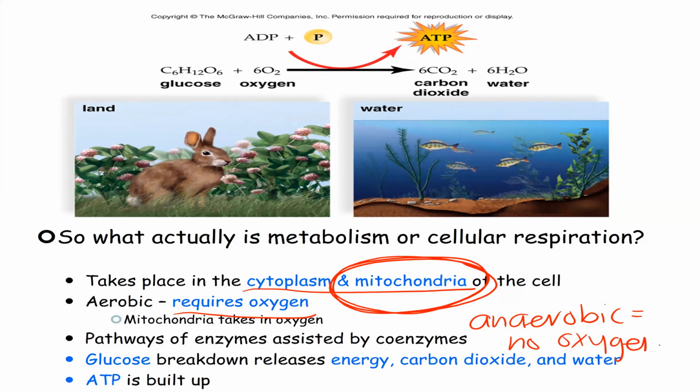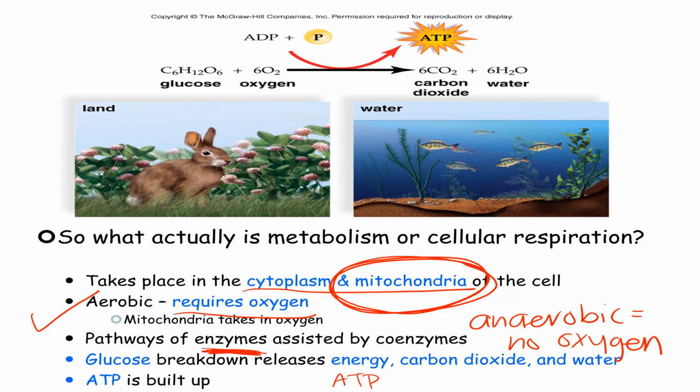We'll discuss that later. But for the most part, cellular respiration is aerobic. We're going to be using tons and tons of enzymes that are assisted by coenzymes. Glucose is going to break down to release energy in the form of ATP, carbon dioxide, and water.